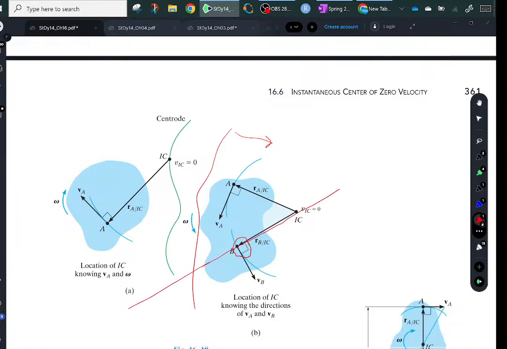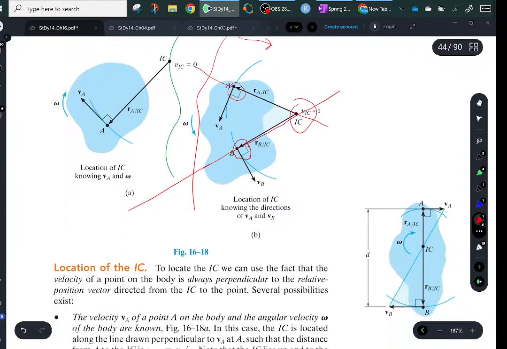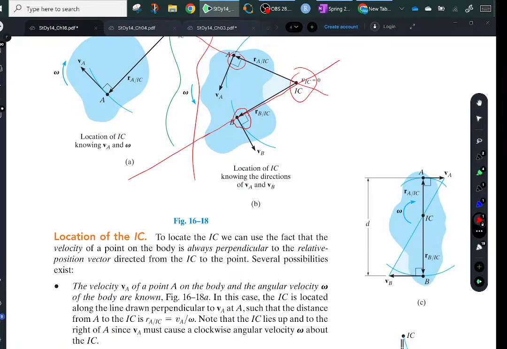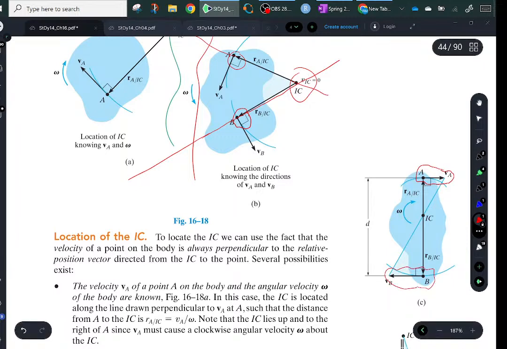For the other spot, you also know the direction, so you draw a perpendicular and extend a line, and where they cross is the instant center. There are cases in which you have a velocity on one end of the body, the blue object, and the direction on the other end is that way, and the spot where the lines meet seems to be sitting still at that instant.